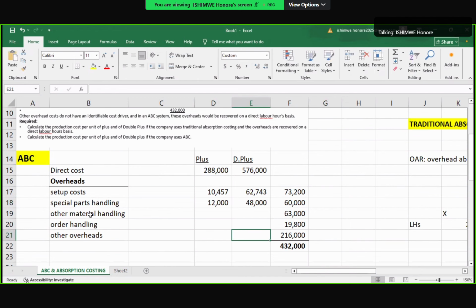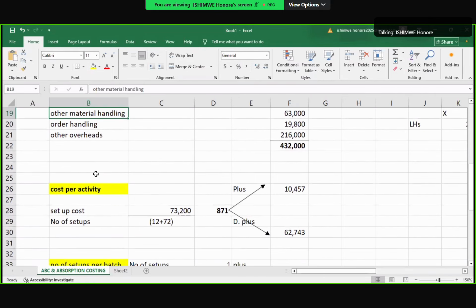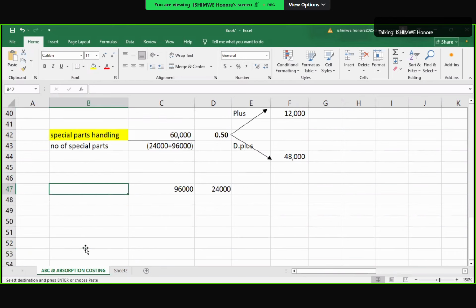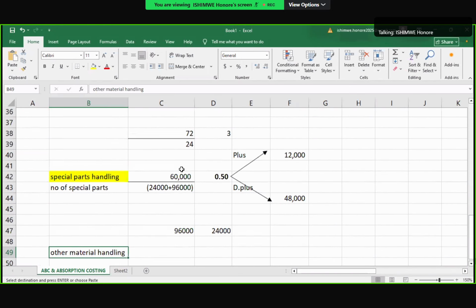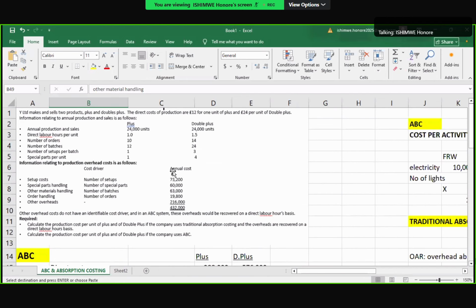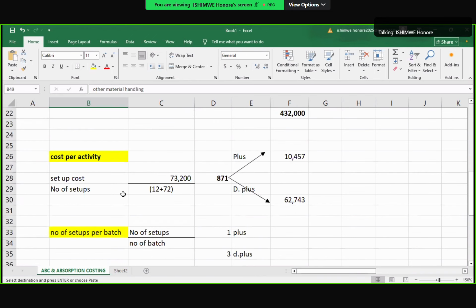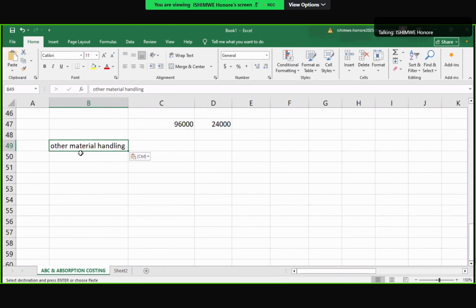Then I go to other material handling. The cost driver of it, you see, we have to choose the number of batches.